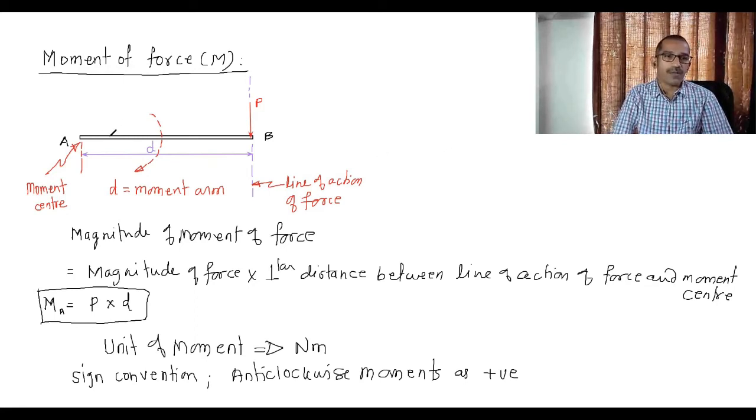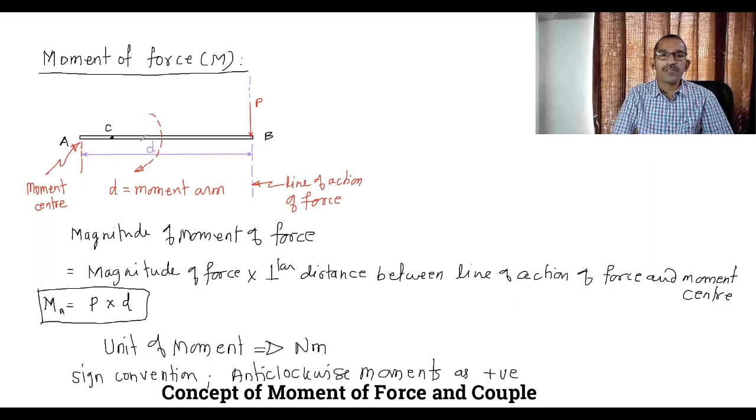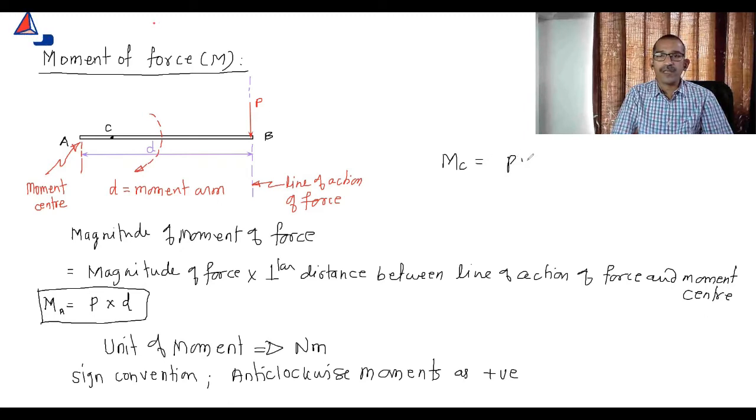I take one more point here, point C. The perpendicular distance between the new moment center C and the line of action of force P is BC. Therefore, the moment about point C is P into CB.